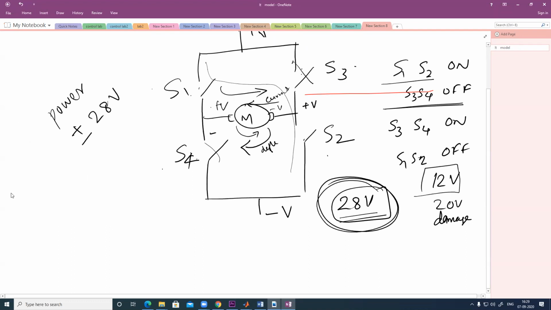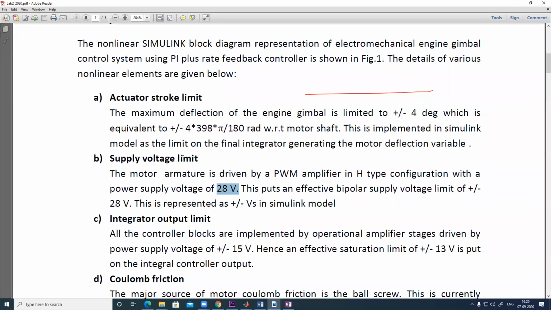So that is called motor power supply limit. If the torque demands much more voltage, it has to saturate at 28 volt, otherwise motor will damage. So that is called the supply voltage limit.